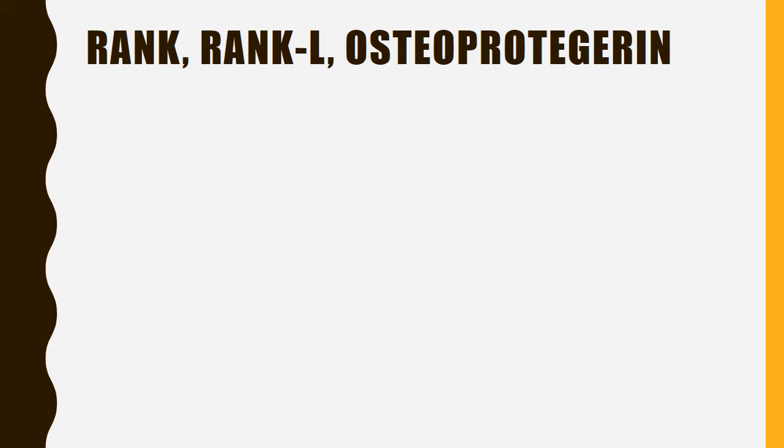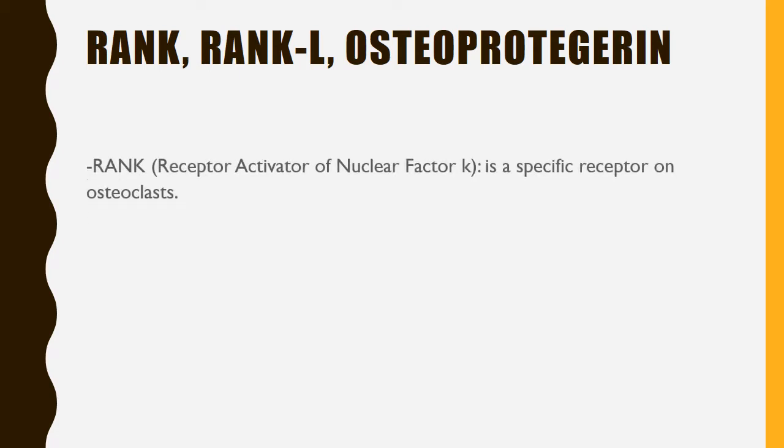Then we shift to what's called RANK ligand and osteoprotegerin. RANK is the abbreviation of receptor activator of nuclear factor kappa B, a specific receptor on the osteoclast. So RANK is a receptor on the osteoclasts.